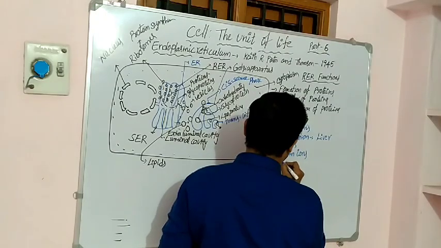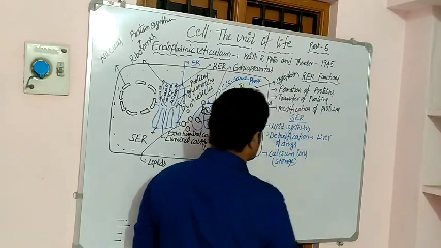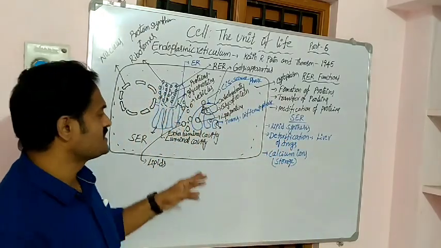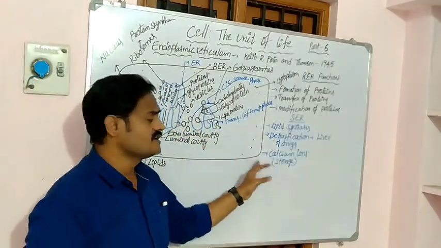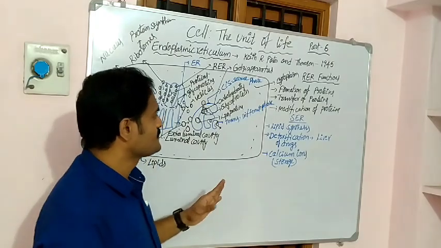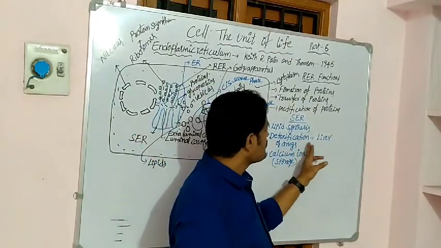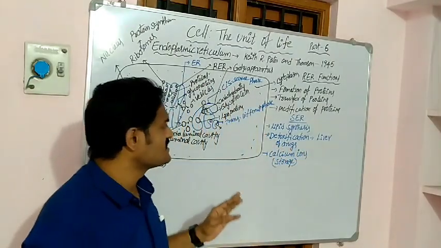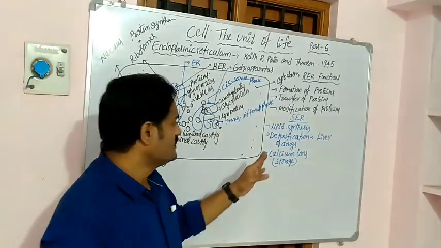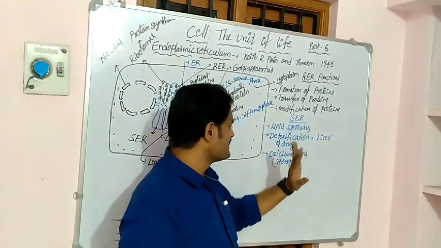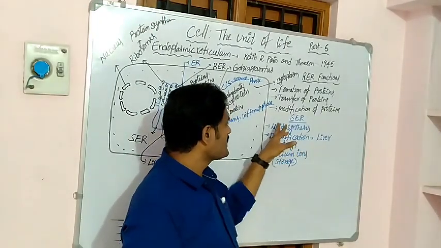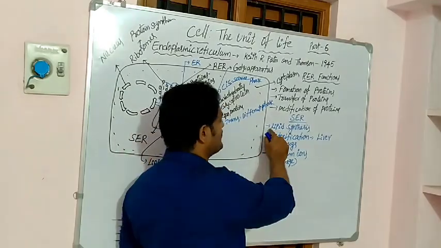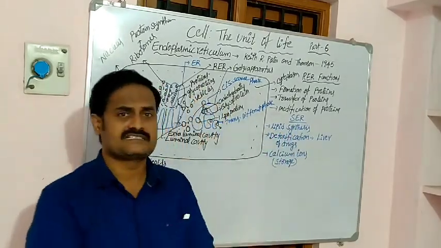Calcium ion storage is also carried out by the smooth endoplasmic reticulum. This kind of detoxification of drugs mostly occurs in the liver cells. Okay, coming to the first point, lipid synthesis.